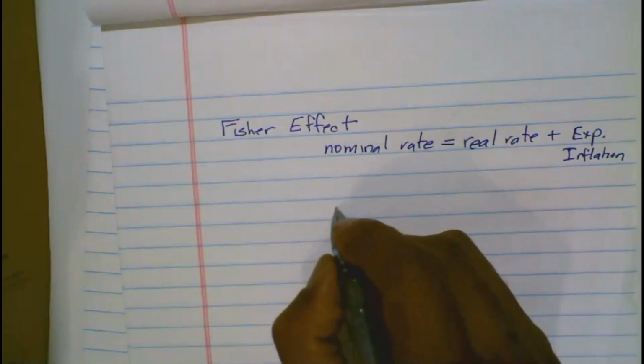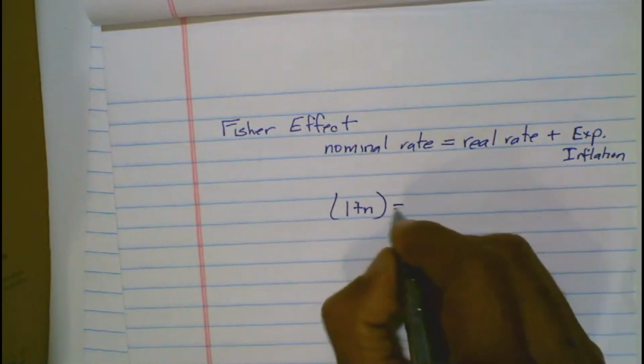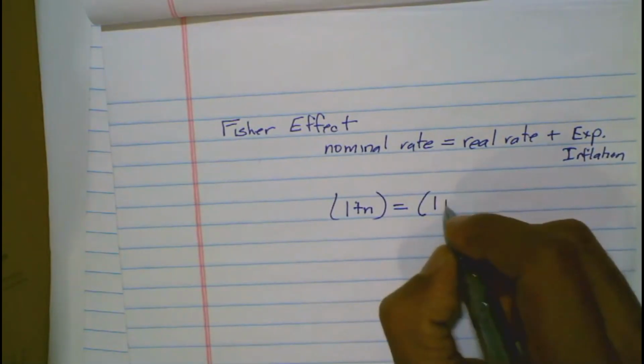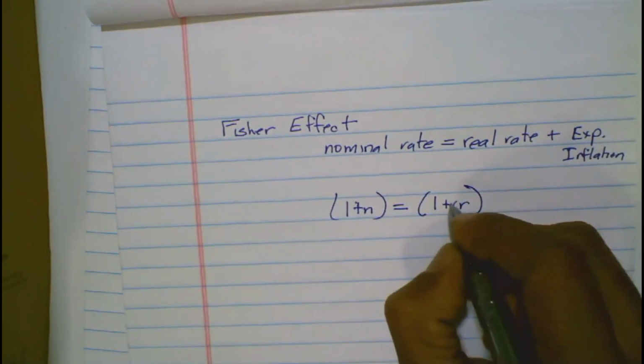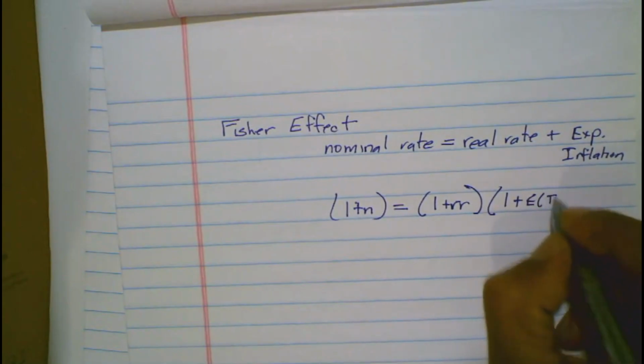If you do it as geometric returns, 1 plus n is going to be equal to 1 plus the real rate times 1 plus the expectation of inflation.